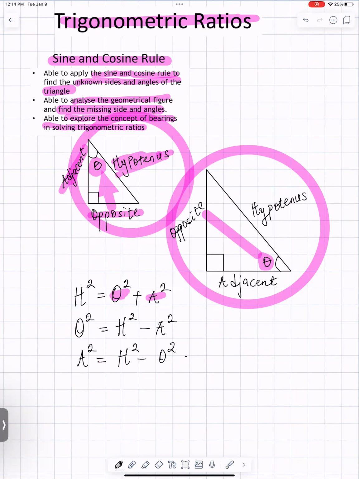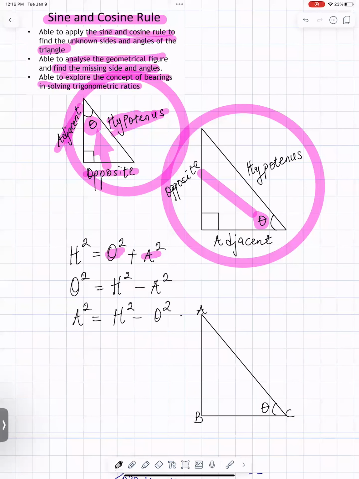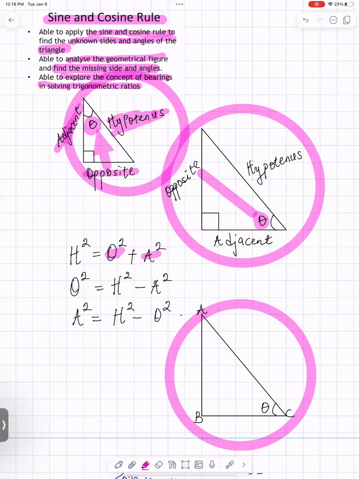If you are given a right angle triangle with your opposite and your marked angle, without the hypotenuse. Given this right angle triangle, I am going to apply the trigonometric ratios in finding an angle or a side of the given triangle.